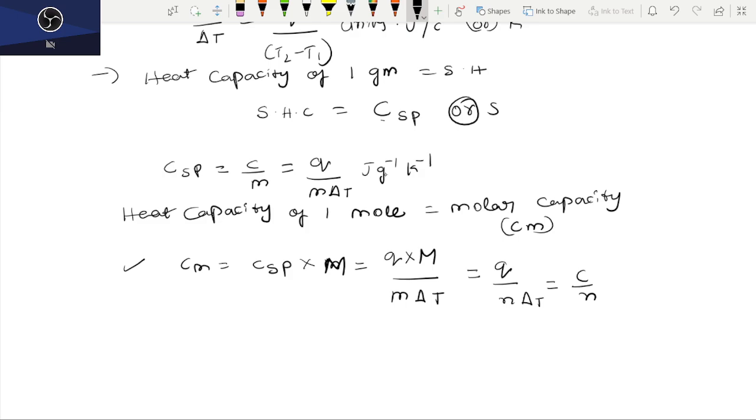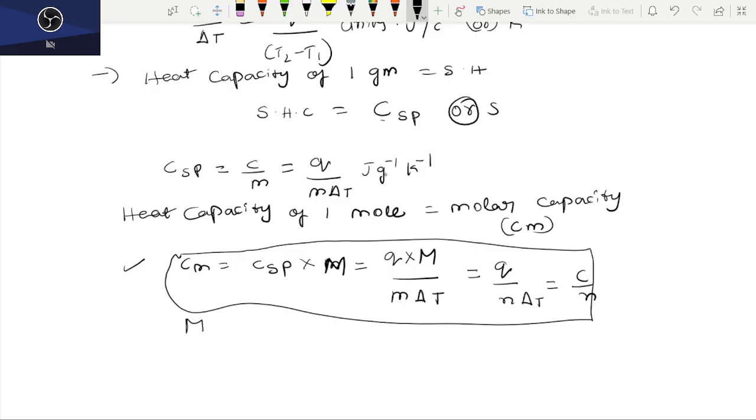n is nothing but the number of moles. So what is M here? The equation whatever I wrote is the total equation for heat capacity. Now M is equal to the molecular weight of a substance.